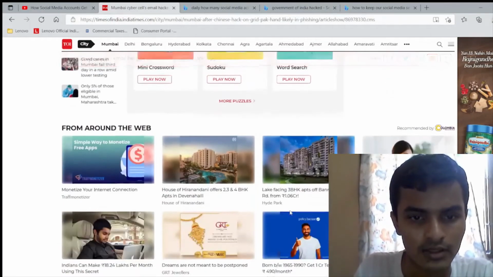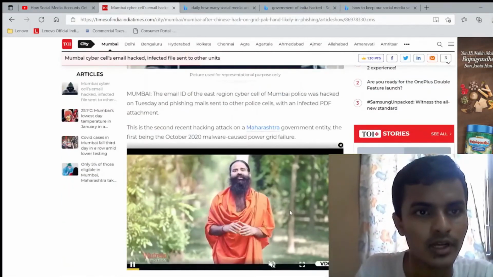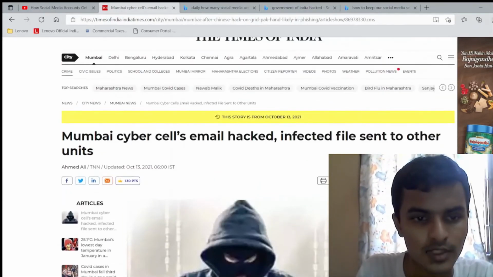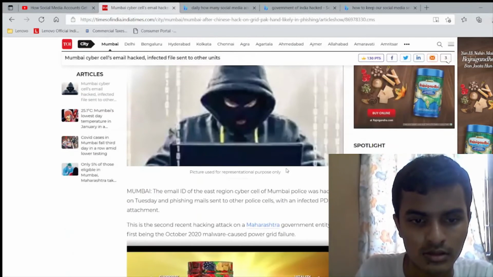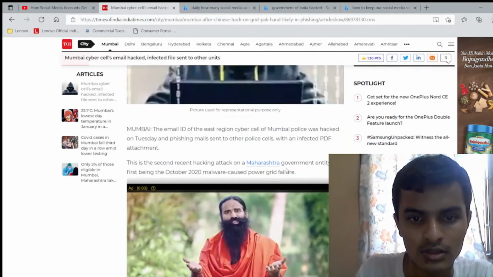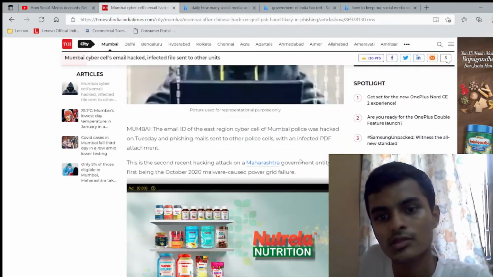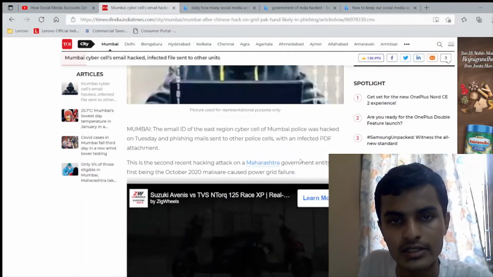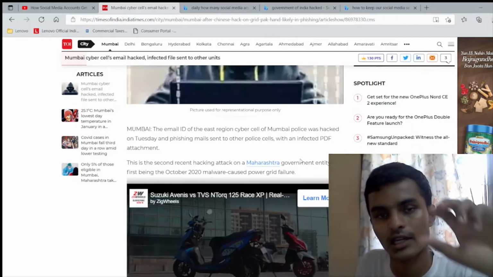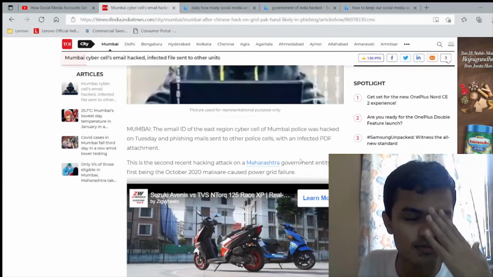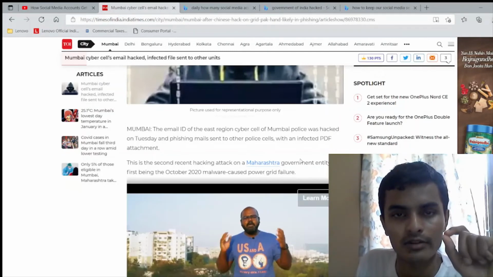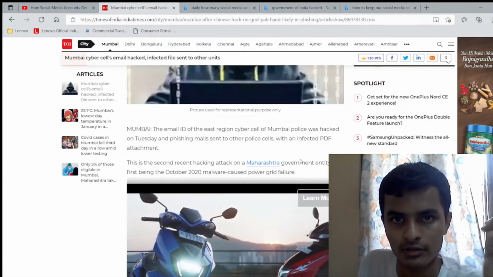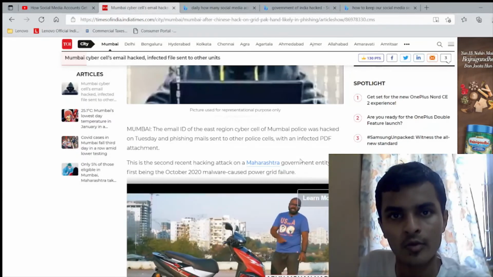Okay, this was the article. I'll tell you what happened in Mumbai. You may know it, still I'll tell you. Some hackers penetrated the system and the Mumbai grid, which is the source of power supply to the entire city of Mumbai, whether Navi Mumbai or any part of Mumbai.